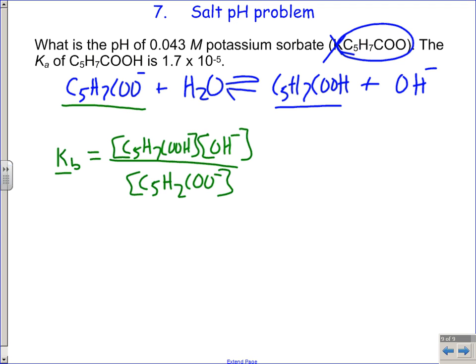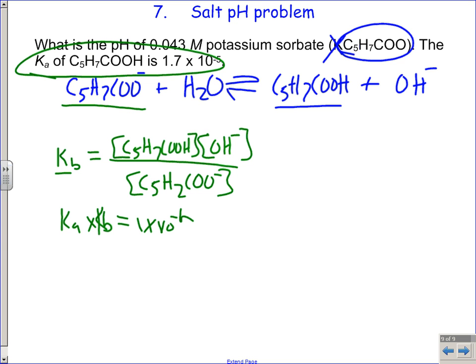Well, that's a Kb, and they gave us a Ka. But don't fear, remember, Ka times Kb equals 1 times 10 to the negative 14th. So we can divide 1 times 10 to the negative 14th by our Ka, which is 1.7 times 10 to the negative 5th. And we would be solving then for Kb.